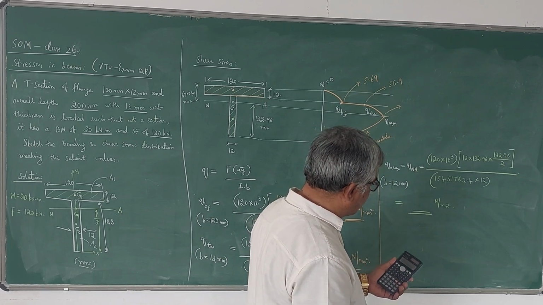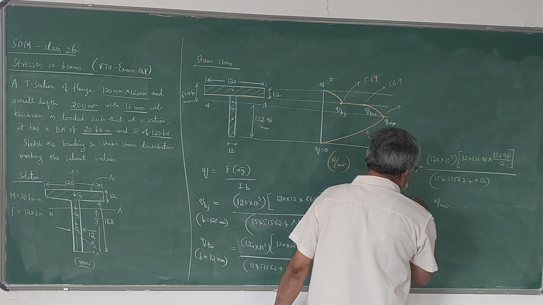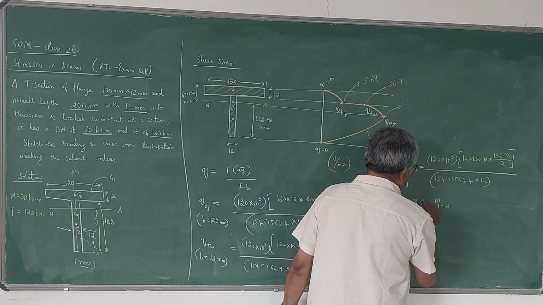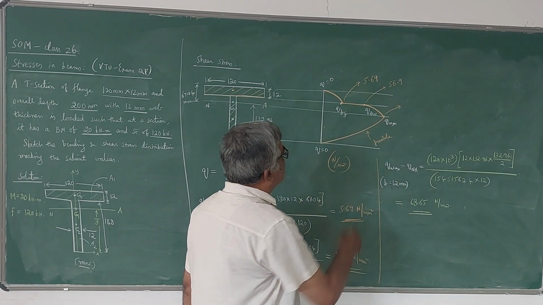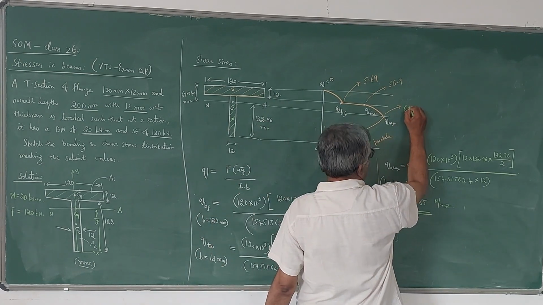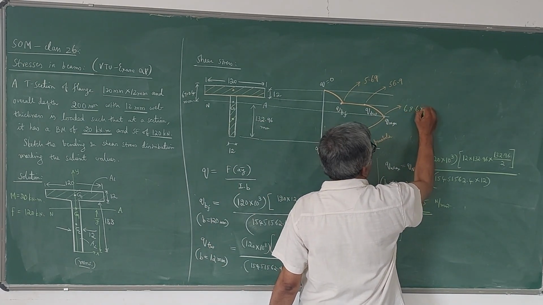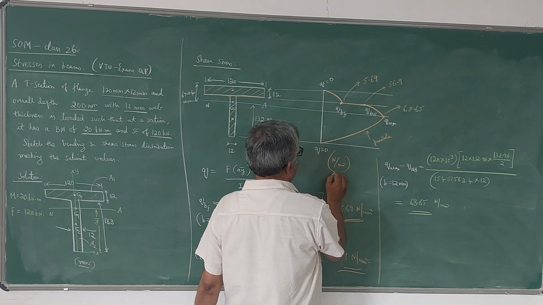So you are getting 68.65 Newton per meter square. So this Q maximum will be 68.65 Newton per meter square.